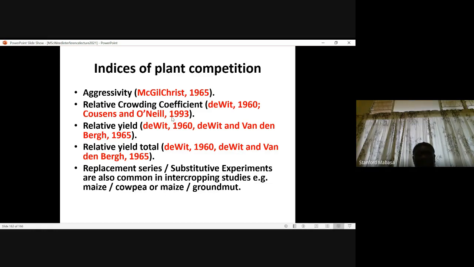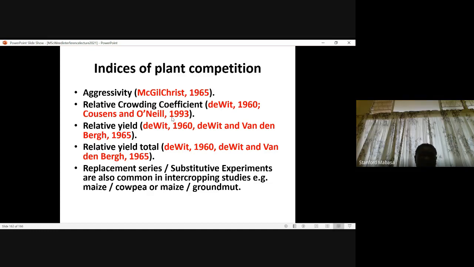You can get hold of the paper if you are interested to see how it was developed. The relative crowding coefficient was proposed by De Wit in 1960. We also talked about it when we were talking about replacement series experiments. Cousens and O'Neill also wrote about it.